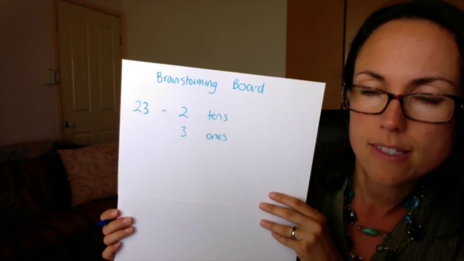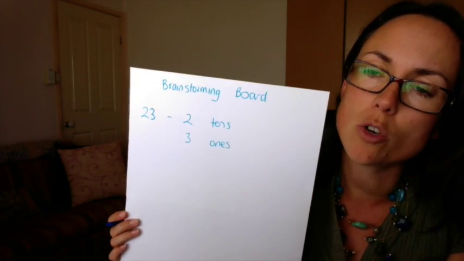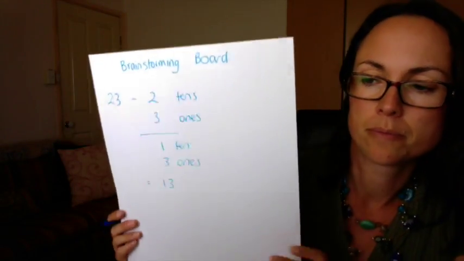So we're going to write down the number 23 and we're going to work out how many 10s and how many 1s. And it'll look like this. And then what we need to do now is take away one group of 10s. So you'll have the answer of 1 ten and 3 ones, which equals 13. So we know that there are 13 legs left.